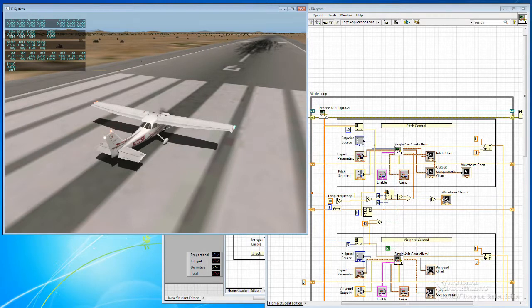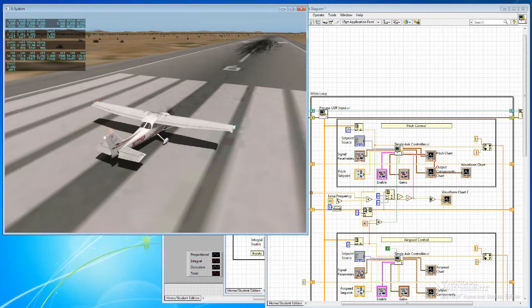Now this will also apply for something like heading hold. So we probably want our heading hold to have some integral ability while it's on the ground so that it keeps us tracking straight down the runway, particularly later on once we start introducing wind and other disturbances. But as with all our other integrals, we don't want it winding up while the aircraft's stationary.